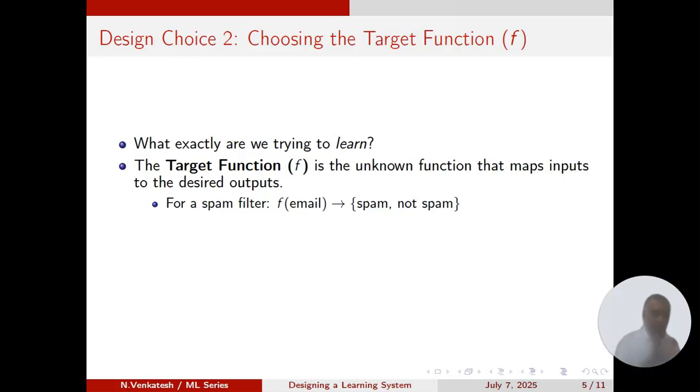It should take an email, and it should say it as a spam or not a spam. In case of house price prediction, the attributes or features related to the house, like the size, the location, and price.